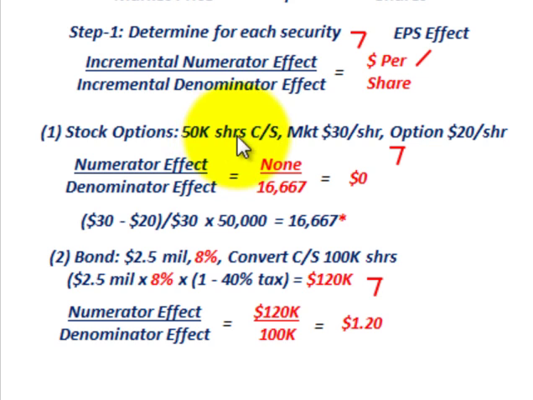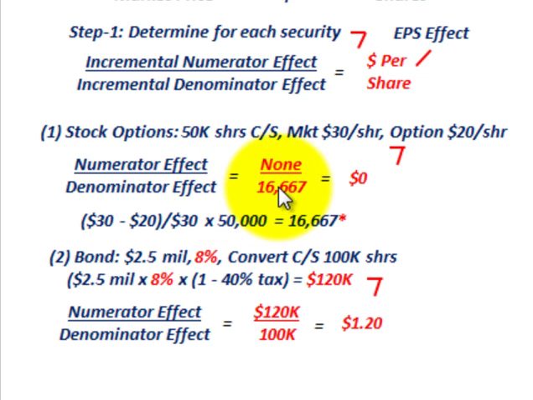So for stock options, let's just say we had 50,000 of them here. Market price $30, option price $20. Well, we went through that before. When you're working with stock options and warrants, there's no effect to the numerator in our earnings per share equation, but our denominator is affected.